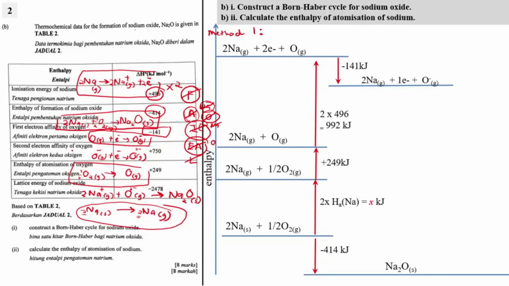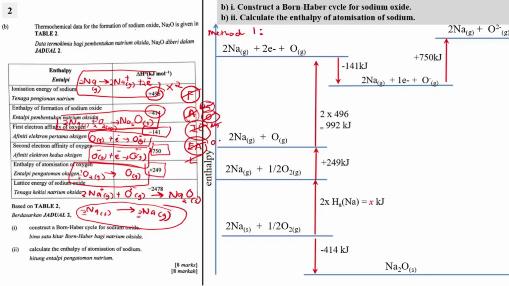For the second electron affinity, the enthalpy will increase, which is plus 750. This 1 electron here will be transferred to O minus in order to become O2 minus gaseous. So we increase by 750, and our O minus becomes O2 minus with a value of 750. Okay, we have done this one as well.